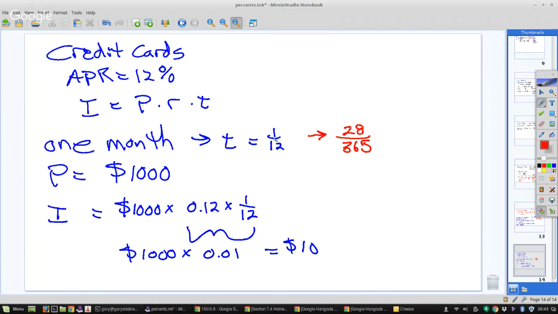Well, 30 times 12 is 360. So sometimes they like the ease of calculation of using 360 and 12 months in a year. On the other hand, there are 365 days, technically 365 and a quarter, but that's not in the law. So they can either use 1/12 or 28 out of 365, or if it was October, they would use 31 out of 365. So it just kind of depends on the month. April would be 30 out of 365.